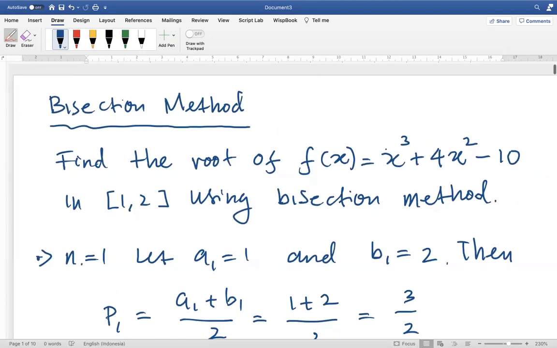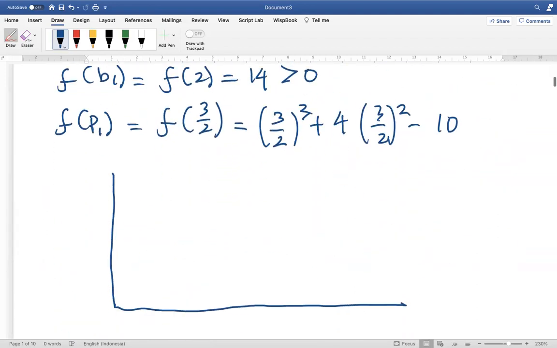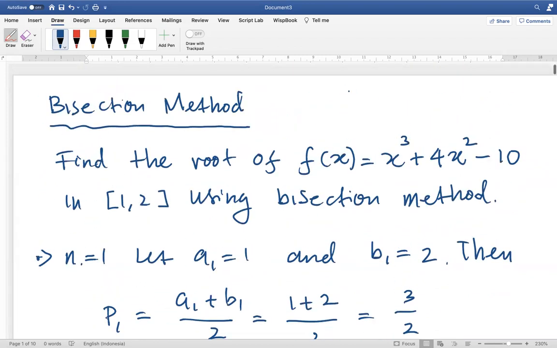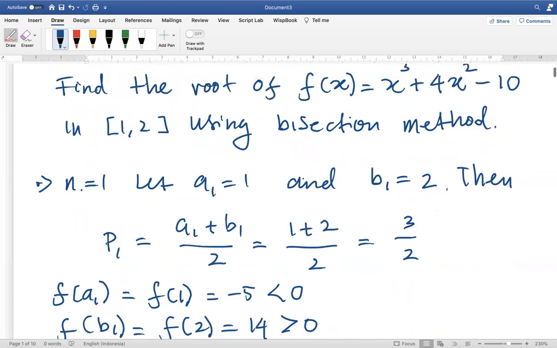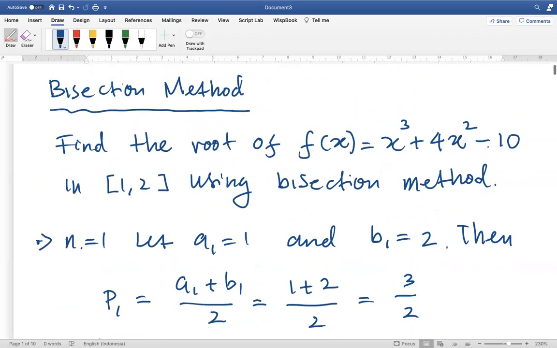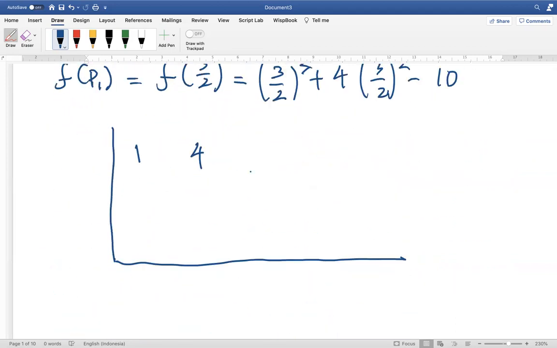We start with x to the power 3. The coefficient of x cubed is 1, so we put 1 here. The coefficient of x squared is 4, so we put 4 here. There is no x to the power 1, which means the coefficient is 0. And the last is the constant, minus 10.